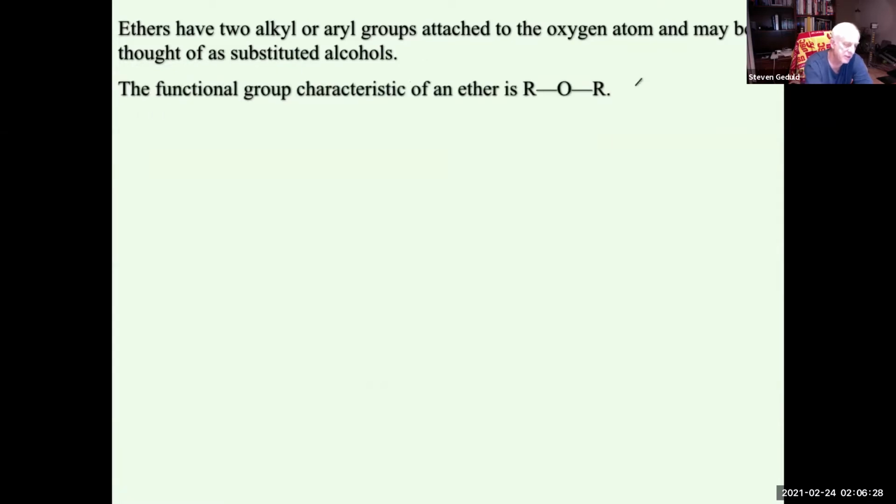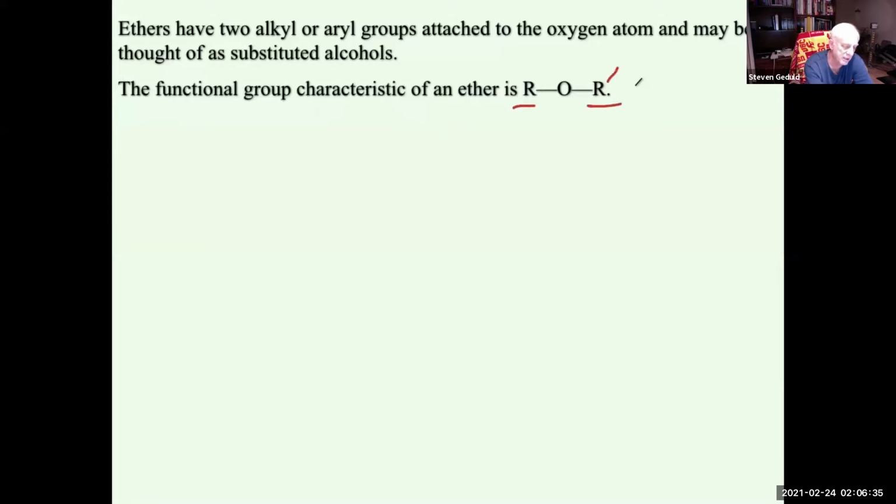Ethers. Ethers have two alkyl groups. So both the hydrogens in the water molecule are substituted now. You have two alkyl or aryl groups attached to the oxygen atom, and ethers can be thought of as substituted alcohols. So the functional group is R, O, R prime. The prime goes right there. They don't have to be the same.